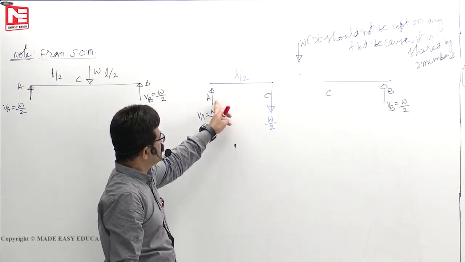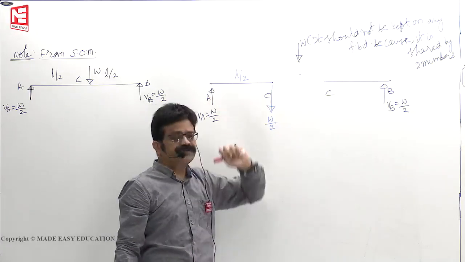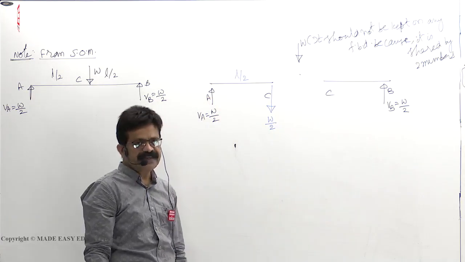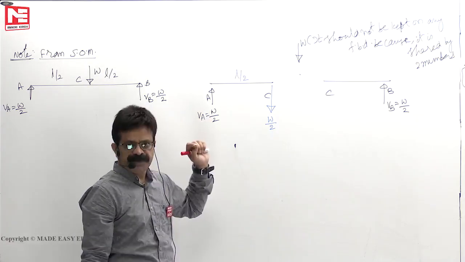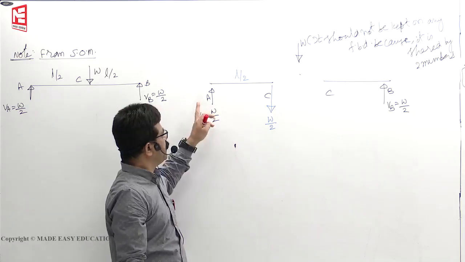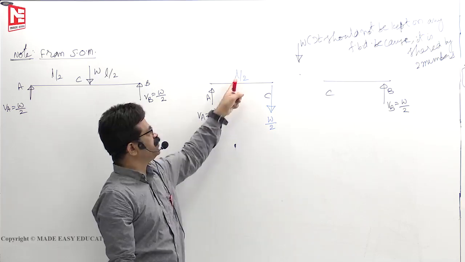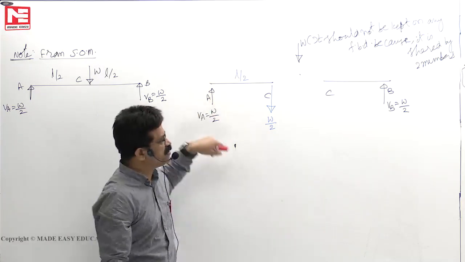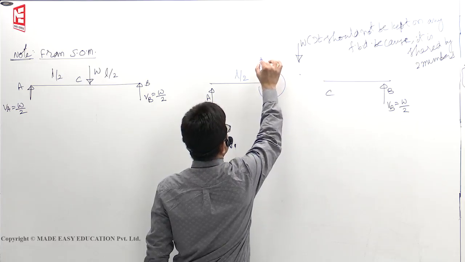See here, this force and this force together will form a couple. A pair of equal, oppositely directed, non-collinear forces is called a couple. The only effect of that couple is moment given by any force into distance. So what is the clockwise couple? W by 2 into L by 2. So to balance this clockwise couple, there must develop an anti-clockwise moment.